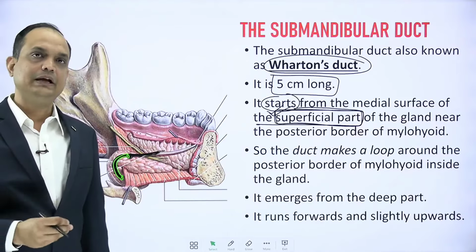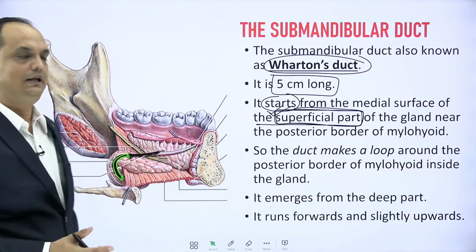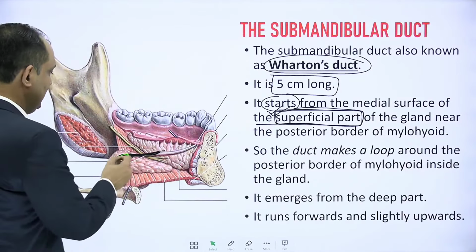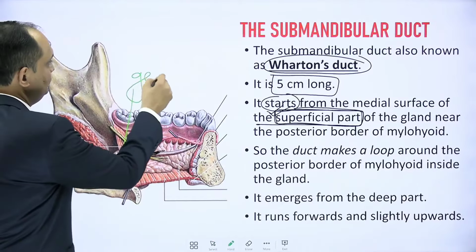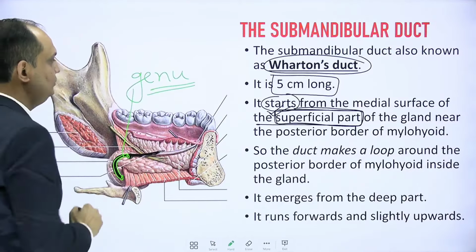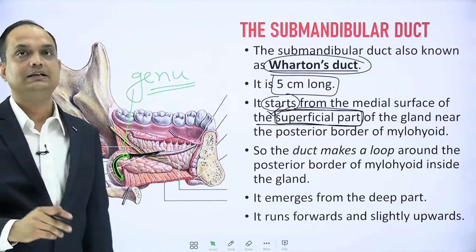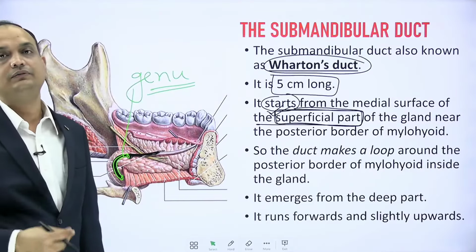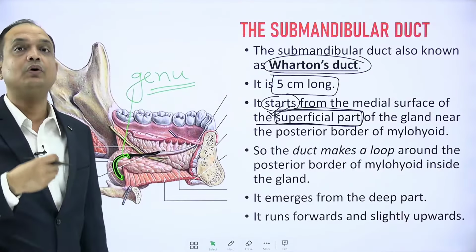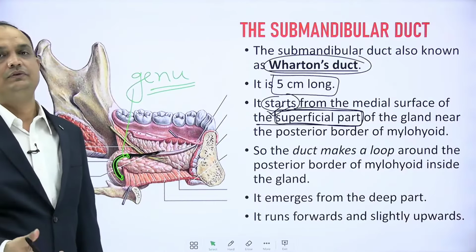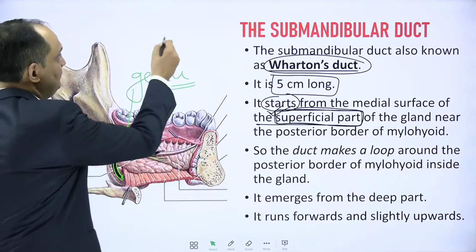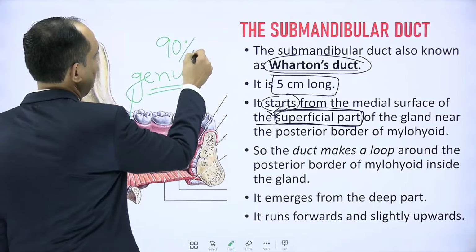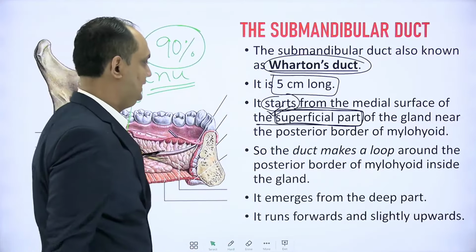The anatomical reason, which is most susceptible, is this turning, and this is known as the genu of the duct. The genu of the submandibular duct is the most common cause for the formation of stones in the submandibular duct, which are 90% more common as compared to the parotid gland.